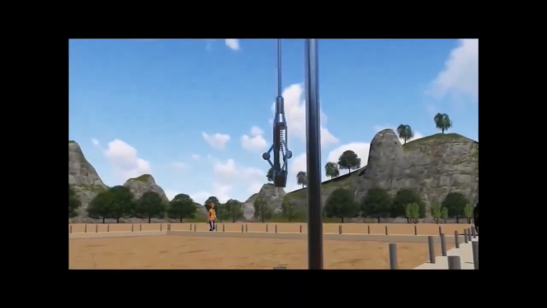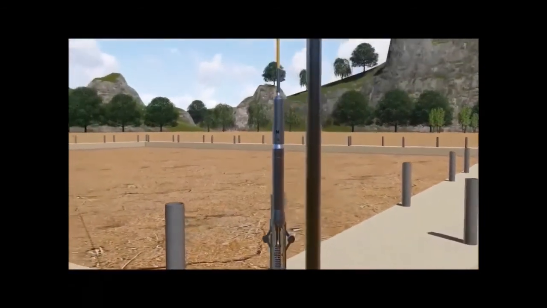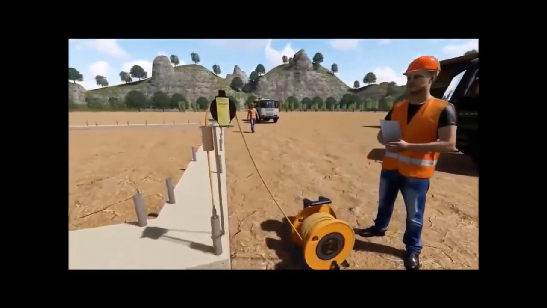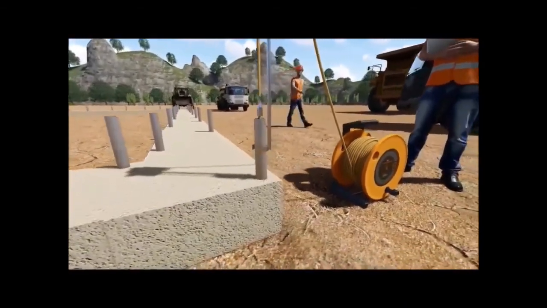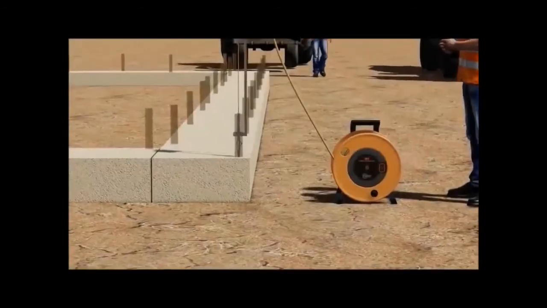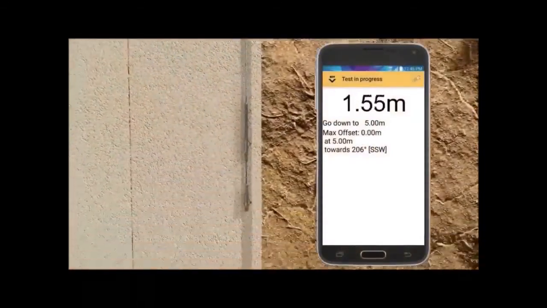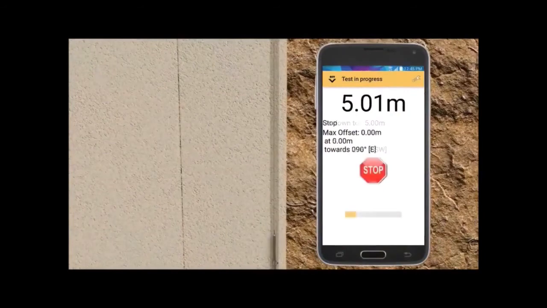The BIT sensor and centralizer are lowered into one of the tubes. The BIT is lowered to the first stop at 5 meters. With the stop sign switched off, the BIT is lowered to the next stop.